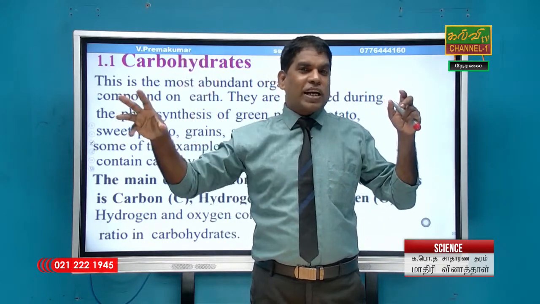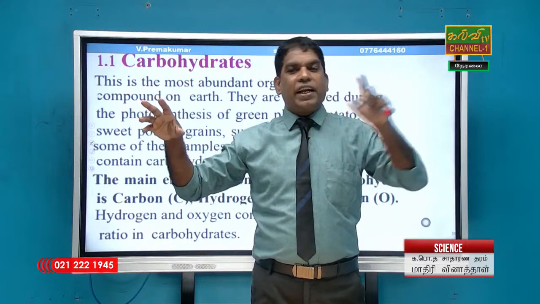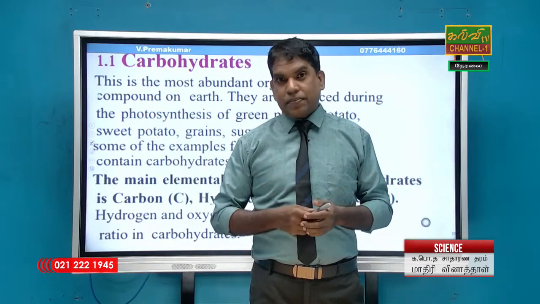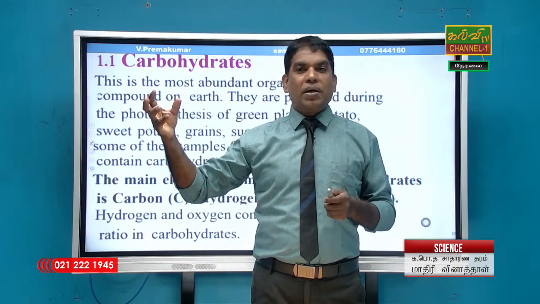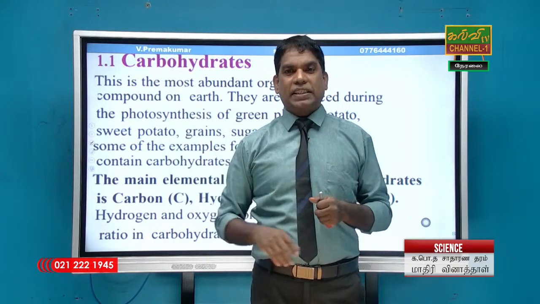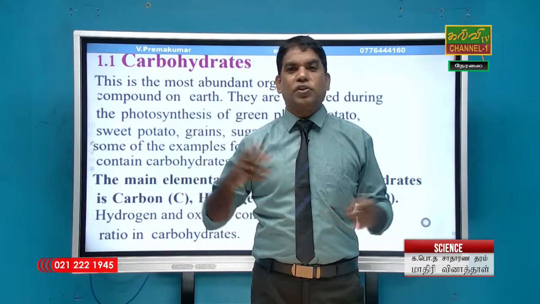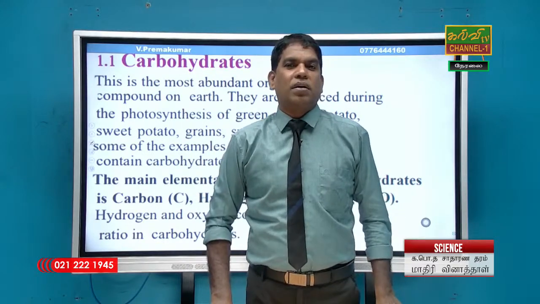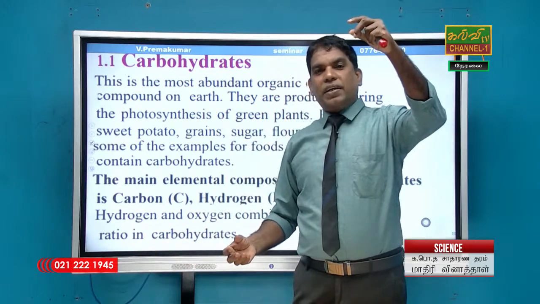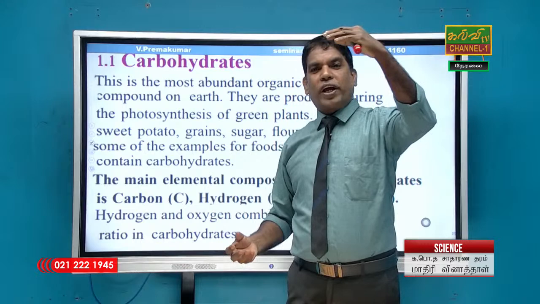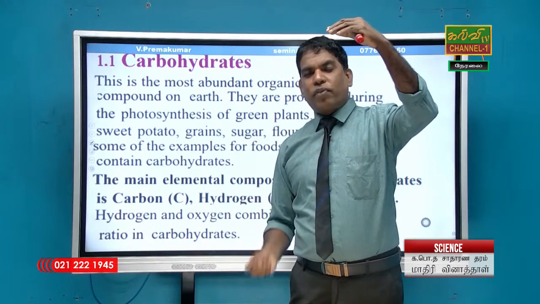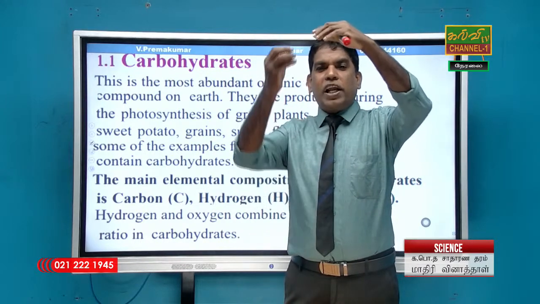Therefore, monosaccharide, disaccharide and polysaccharide, you must know that. And glucose, you can remember when you study photosynthesis. You can remember carbon dioxide gas from the atmosphere and water from the soil are sent to the leaves.